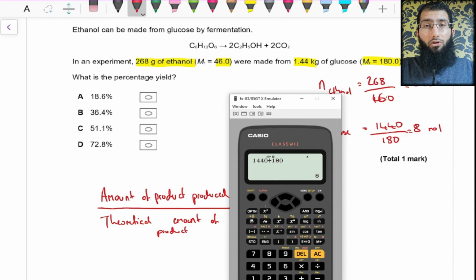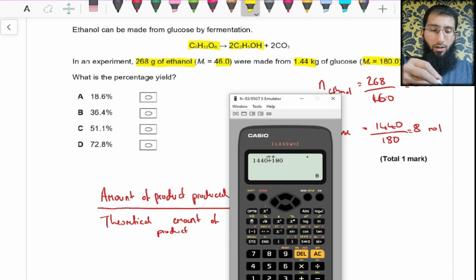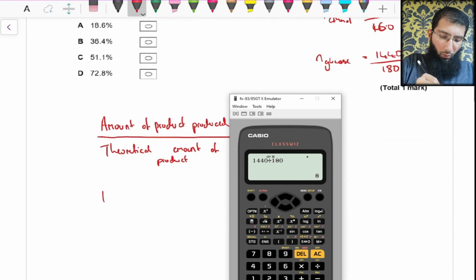Okay, so we know that we've produced 5.83 moles of ethanol. That's the amount of our product that we've made. But we've not been told what the theoretical moles of ethanol should be. And this is where the glucose value comes in, the 8 moles of glucose. If we look at the equation, for every 1 mole of glucose, we are making 2 moles of ethanol. So we've got a 1:2 ratio between glucose and ethanol.